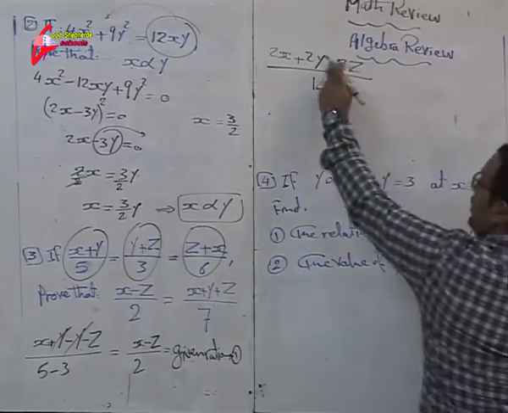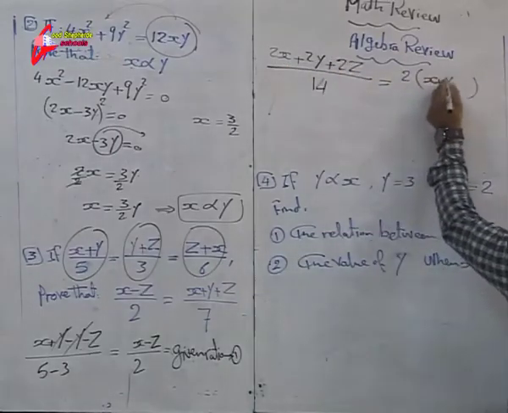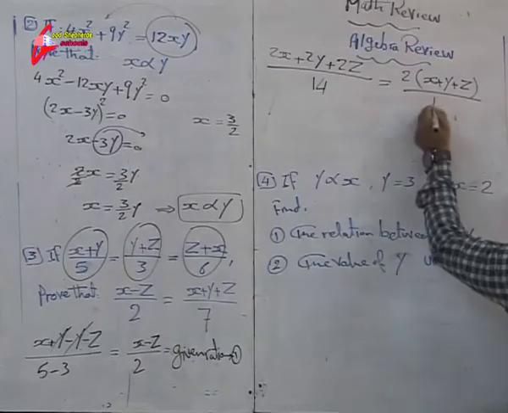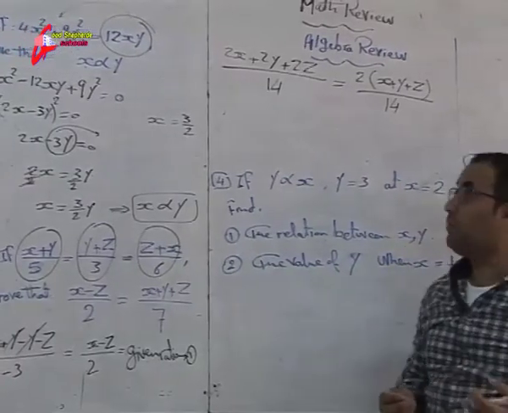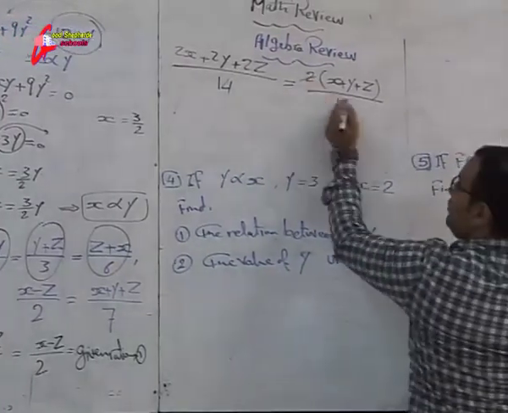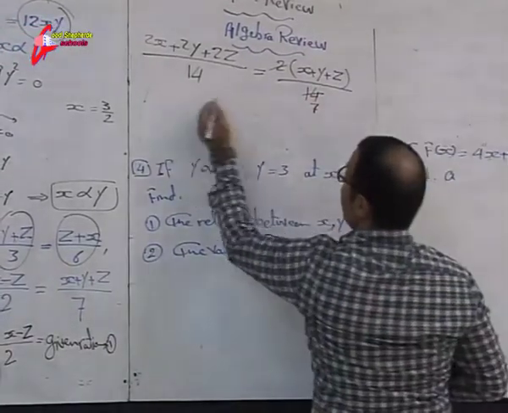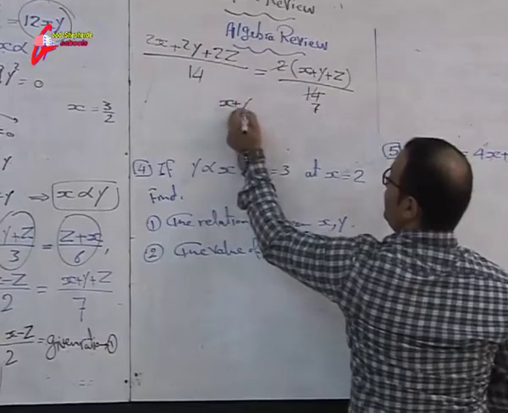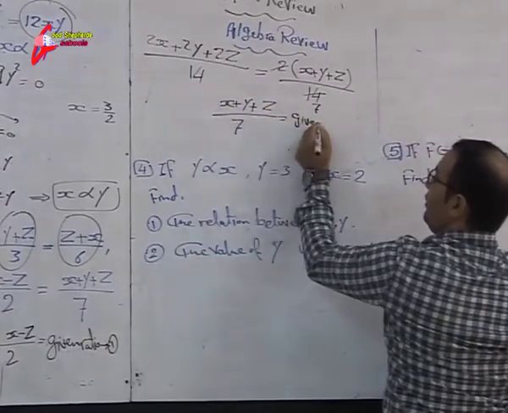We have 2 as an HCF, take 2 as an HCF. So (x + y + z) over 14. Don't confuse, don't leave the operation away. This will be abbreviated with 2, so it will be 7. So the answer will be (x + y + z) over 7 equals the given ratio.